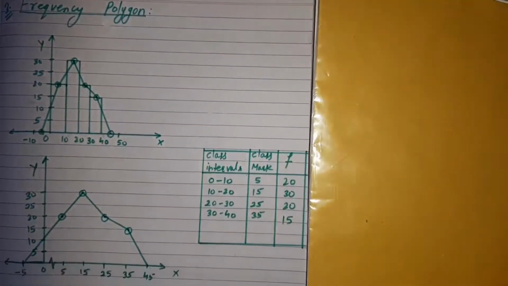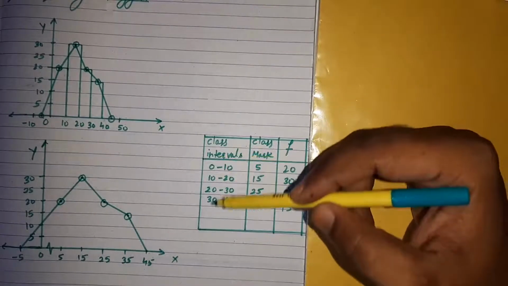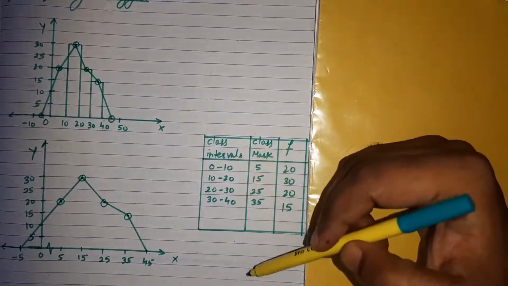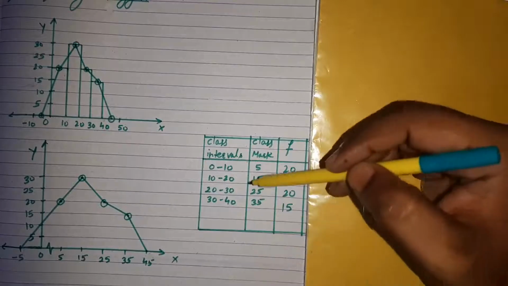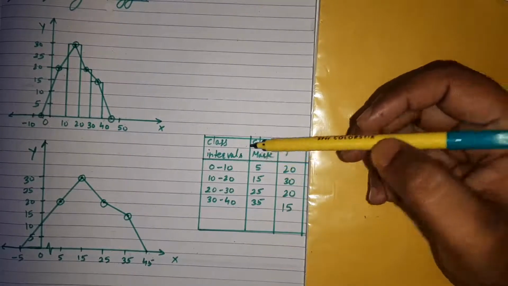In the second method we can draw the frequency polygon by finding the class mark from the class interval. The class intervals are given. Class mark we can find as upper limit plus lower limit by 2.